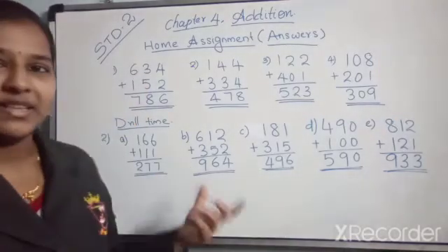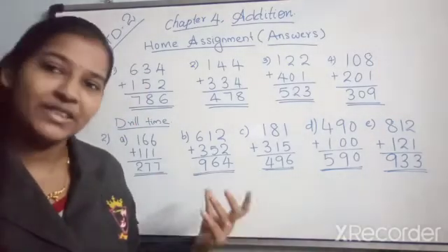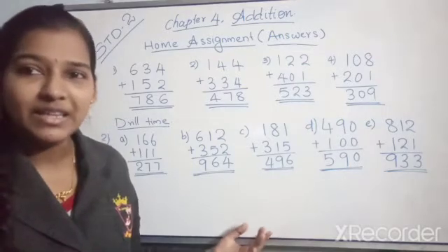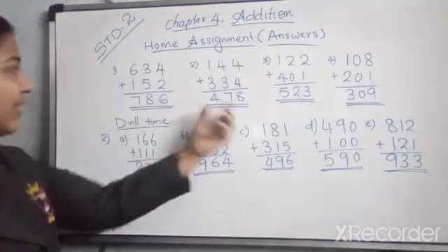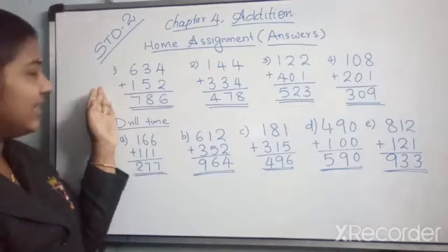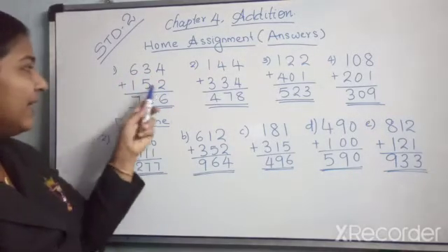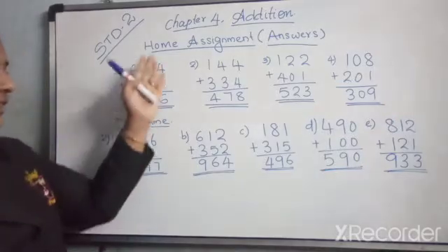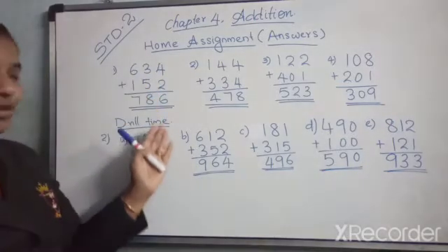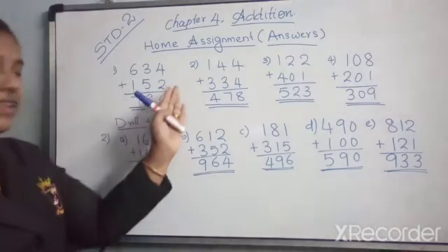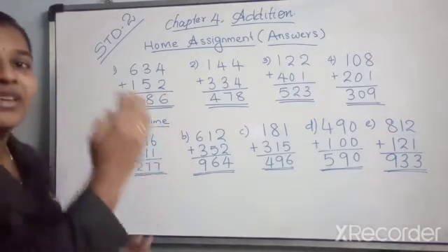So these questions are based on the addition of 3-digit numbers without regrouping. Look here. The first question, 634 plus 152. First we will arrange the numbers according to the places. Then we will start the addition from ones place.